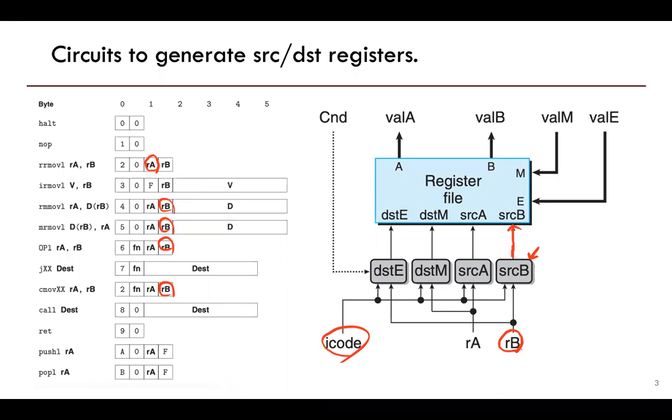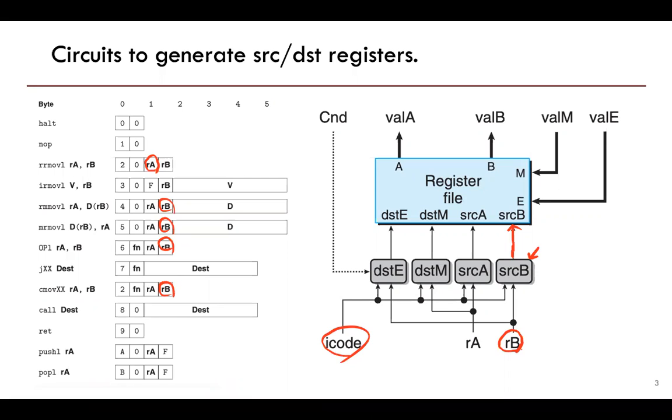Okay, and then what about rmmovq? Yes, we need to read the RB register because RB has a memory address, the base memory address. What about mrmovq? Yes, we need to read RB, which is the base address.